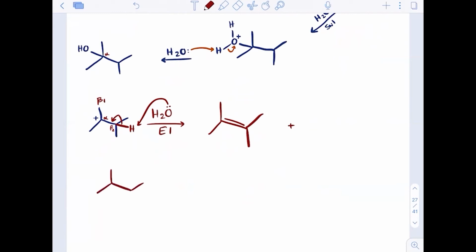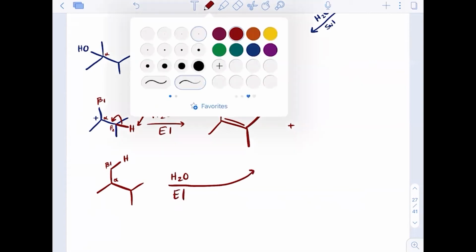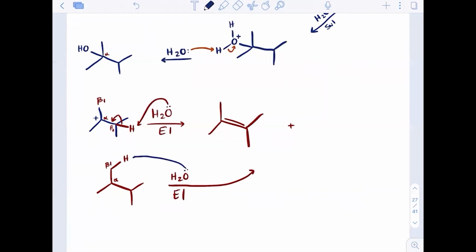I'm going to just present here alpha, and I'll hang off beta 1. Draw another water. I'll put it right up there though for my E1 with my other beta. That plus charge.